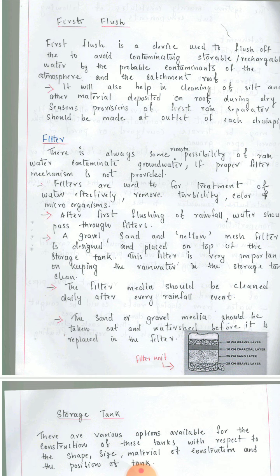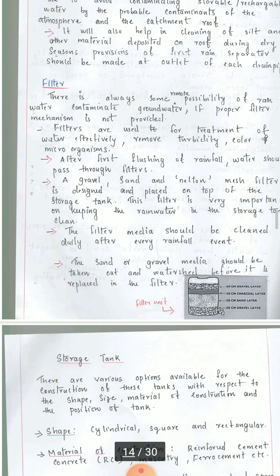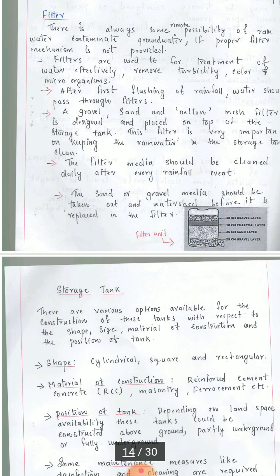It will also help in cleaning silt and other material deposited on the roof during the dry season. A first drain separator should be provided at the outlet of each drain pipe. The water collected at the start is removed, and that is called first flush. It is mainly removed in order to remove the dust particles collected at the rooftop.